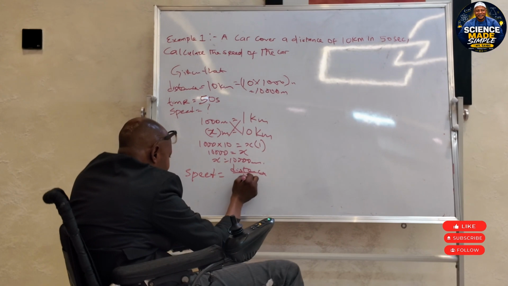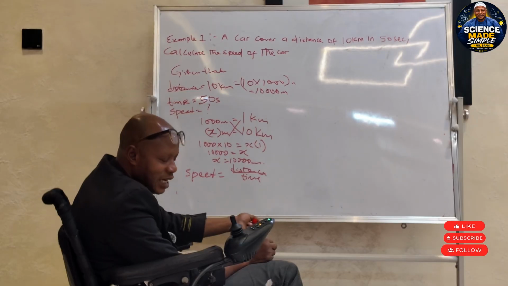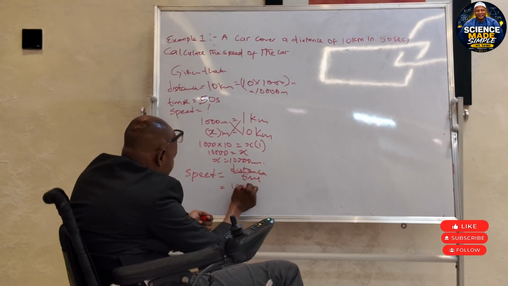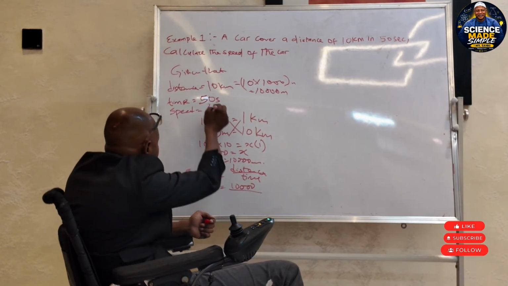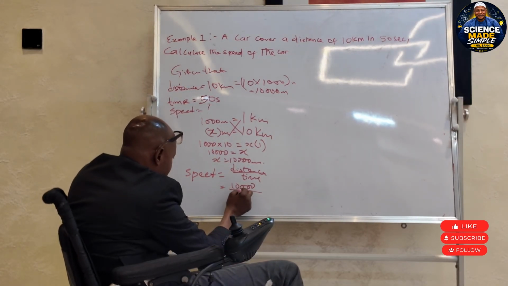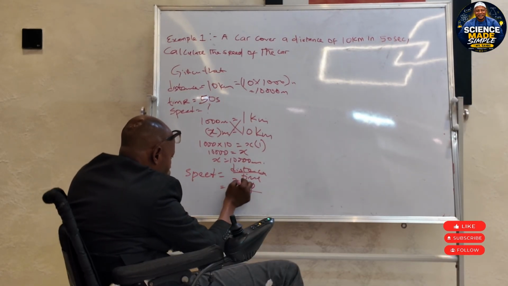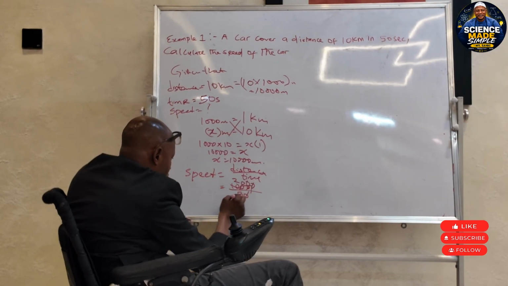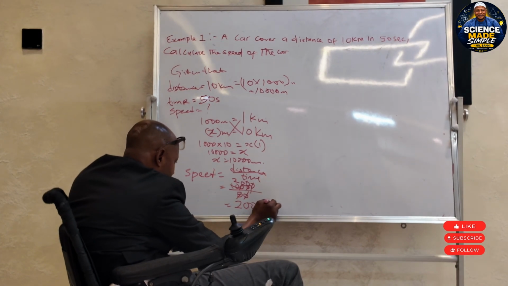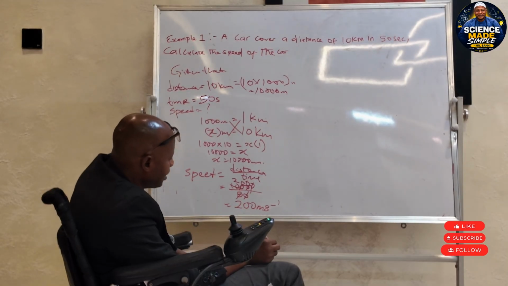The formula for calculating speed is distance over time. Our distance now is 10,000 meter. Our time is already in standard unit, 50 seconds. We now divide, and that is 200. The speed is 200 meter per second.